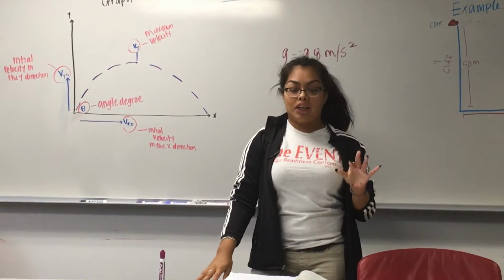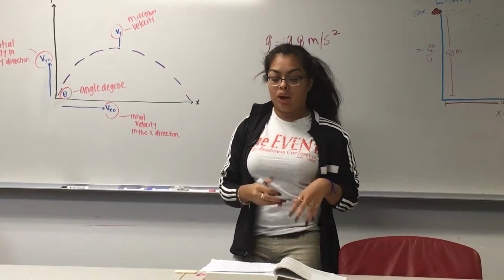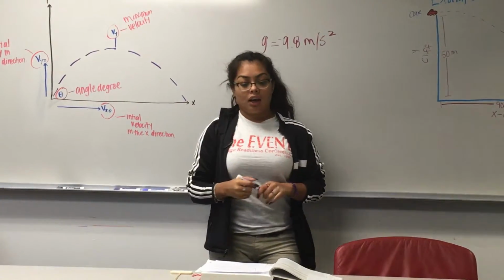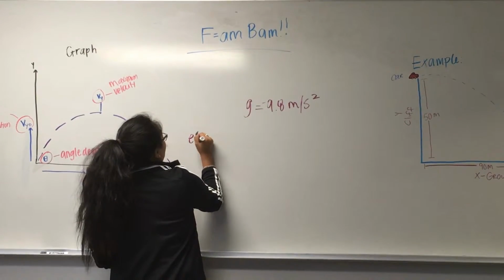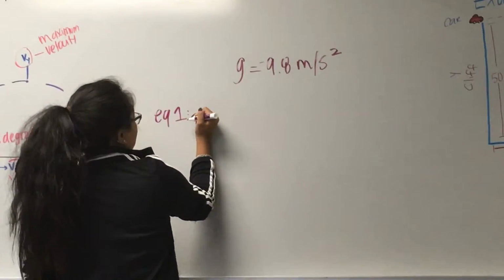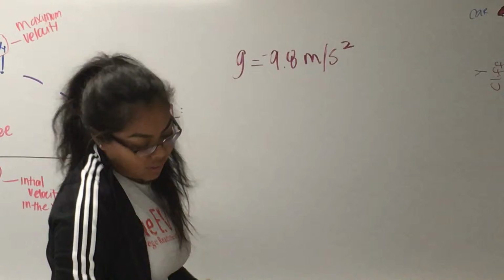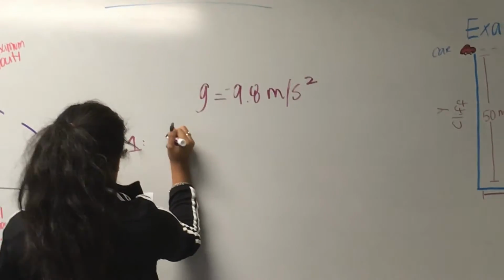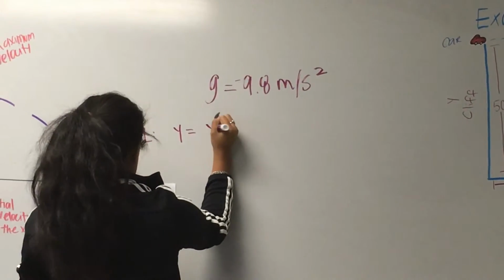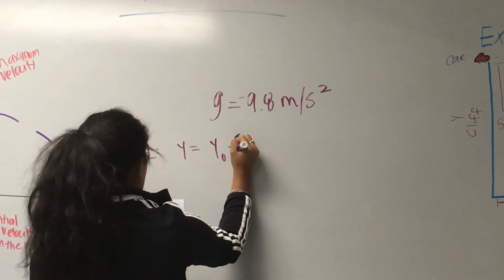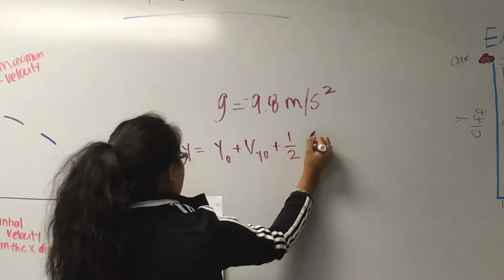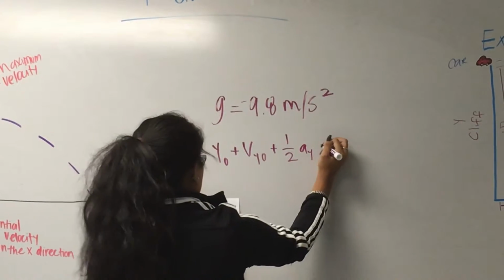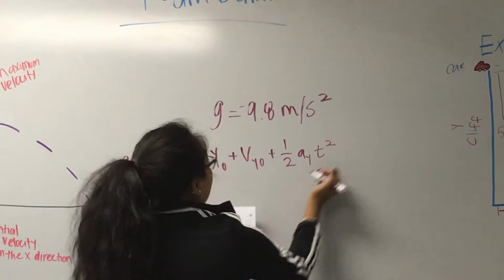There are two general equations for projectile motion, one in the y and one in the x. Equation 1 looks like this: y equals y naught plus vy naught t plus 1/2 ay t squared.